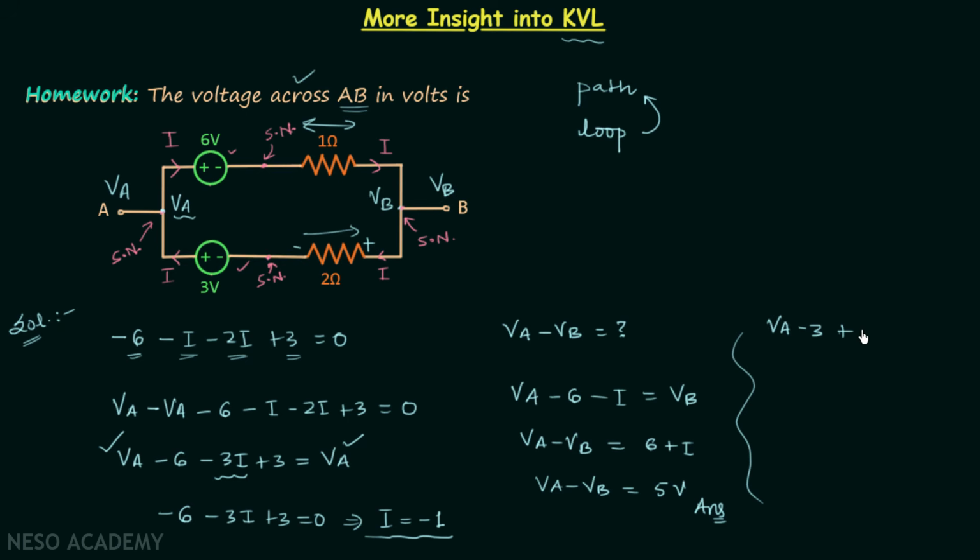So we will write plus 2 times I equal to VB. And from this we can say that VA minus VB is equal to 3 minus 2 times I, which is equal to 3 plus 2, so finally we are going to get VA minus VB equal to 5 volts, the same answer.